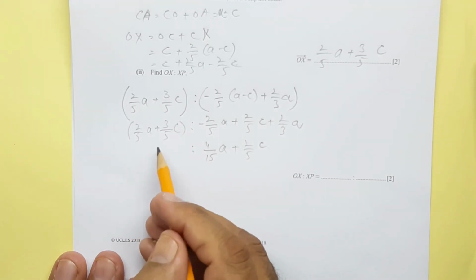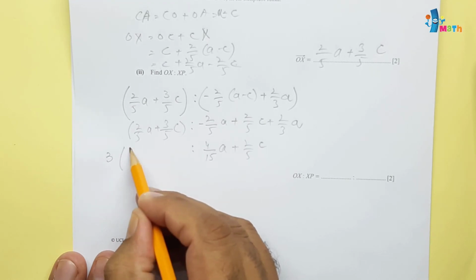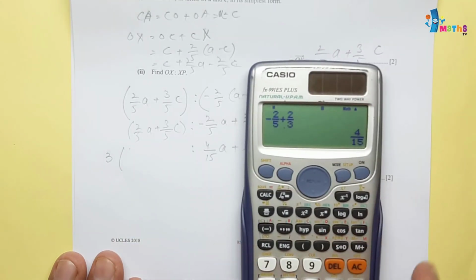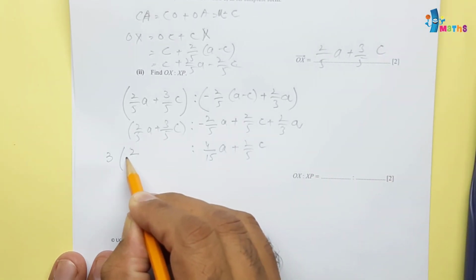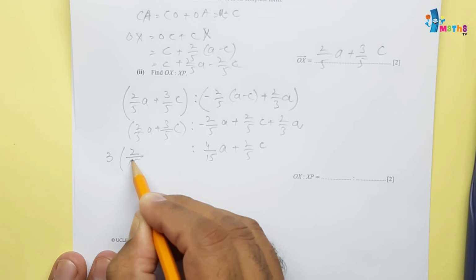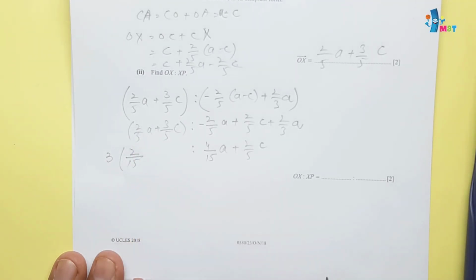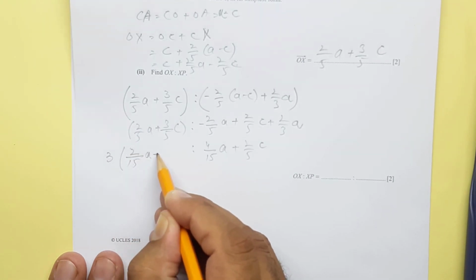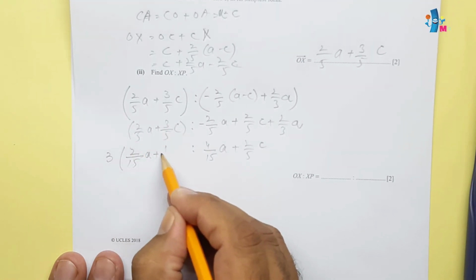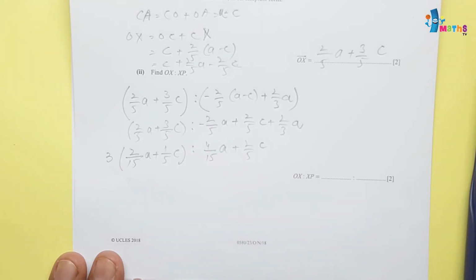Now what we can do, we can take 3 common from here, and inside will be what? We can write 2 over 15, because if we multiply this, 3 will be cancelled and again we will get 2 by 5. So we have written 2 over 15A, and plus 3 is gone out, so 1 by 5C. So this is what we got from this side.